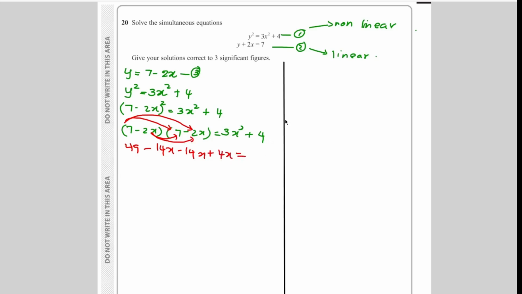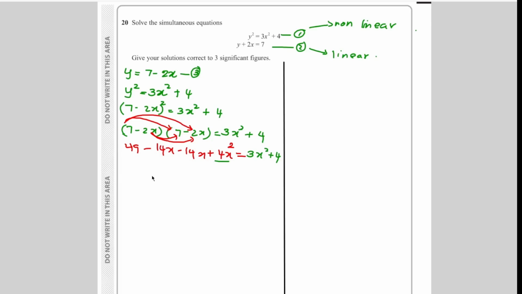Equals, on this side we have 3x squared plus 4. Right, let's simplify this one. I'm going to collect everything to one side. So I'm having 4x squared on this side. I'm just shifting it where it is, then we do not change its sign because it is in the same side.